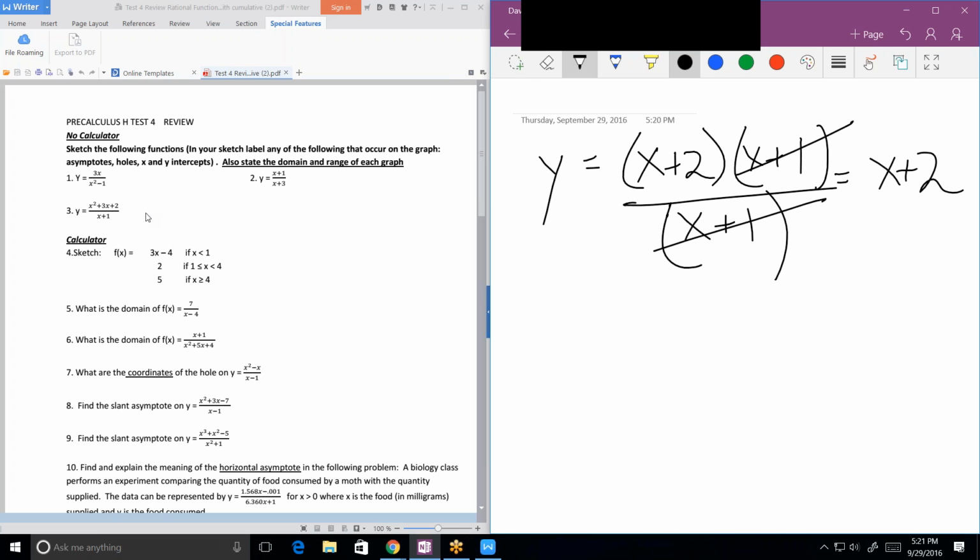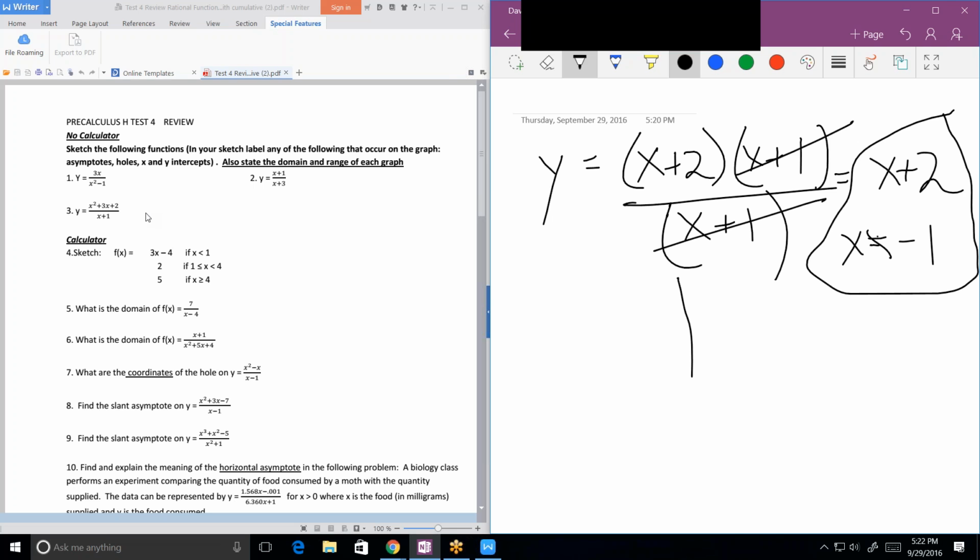But here's the kicker. The domain restriction of the original function is x cannot be equal to -1, correct? That does not go away. In other words, there's your answer, and what that means is you have a hole at -1.